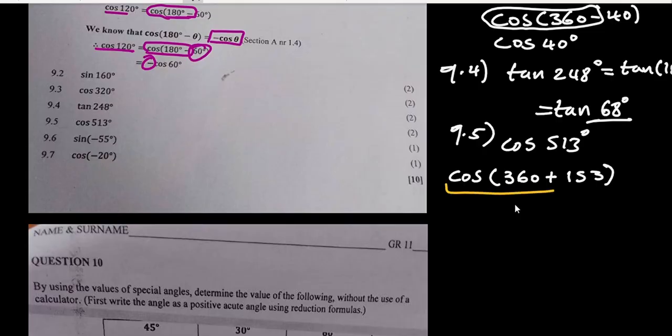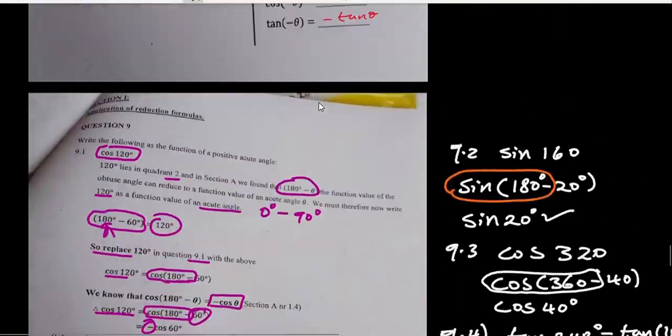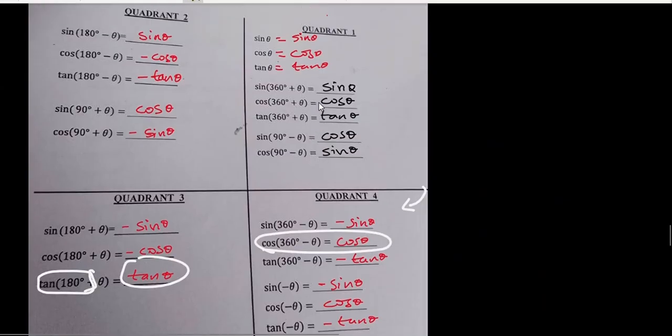Now we look at 360 plus. 360 plus is going to take us to quadrant number 1, and on quadrant number 1 we do not have negatives. All the trigonometric ratios are positive.